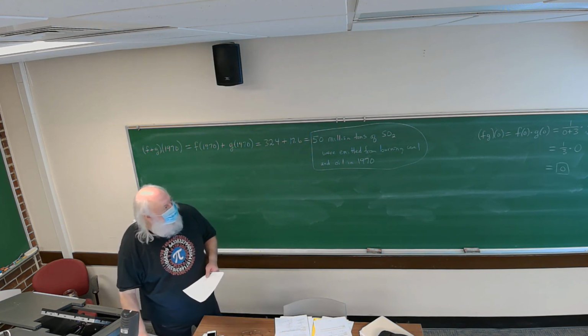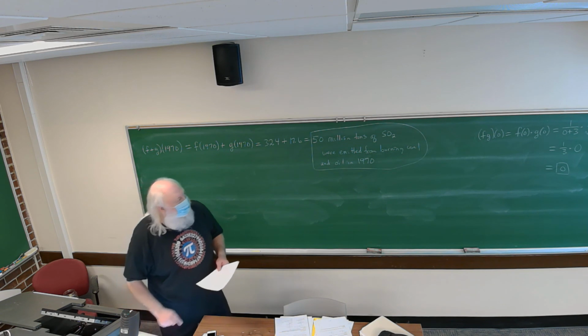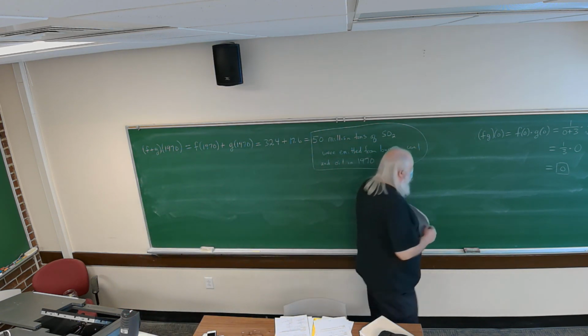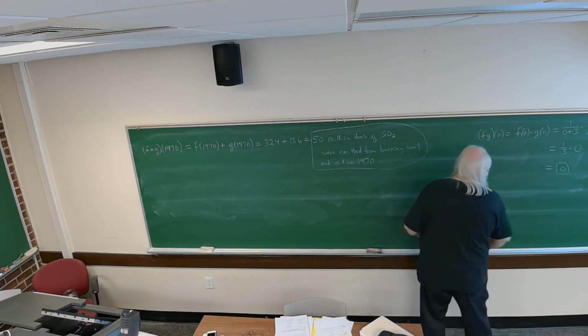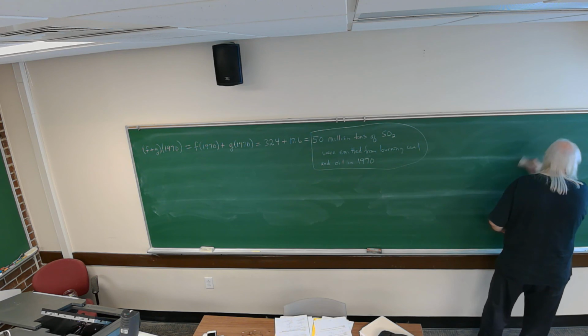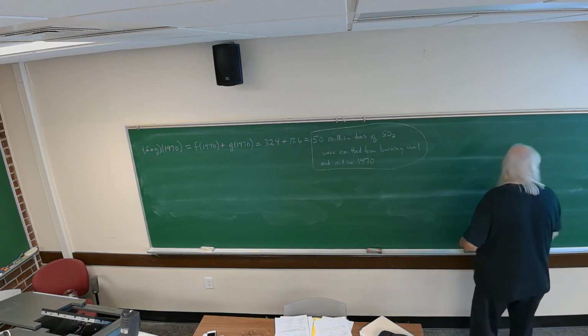Composite functions. Taking the composite of one function with another. This is what I remember from my college entrance exam when I was a student in high school. We were seeing these things on it. Okay.